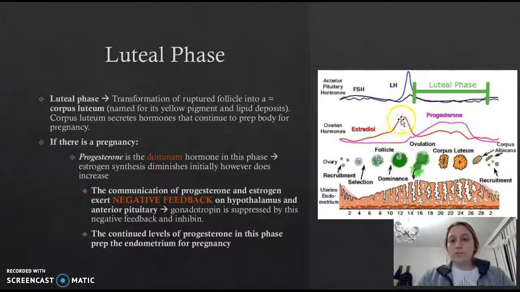So you see the estrogen have a slight increase and then a decrease, and then a slight increase again and a decrease, and it comes back up. The communication of progesterone and estrogen exerts a negative feedback on the hypothalamus and the anterior pituitary. The gonadotropin is suppressed by this negative feedback and also by something called inhibin. The continued levels of progesterone in this phase prep the endometrium for pregnancy.